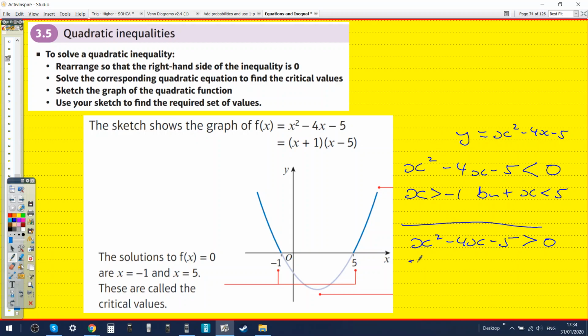X is less than -1. And when x is greater than 5. That's it. Well done. Any questions there?